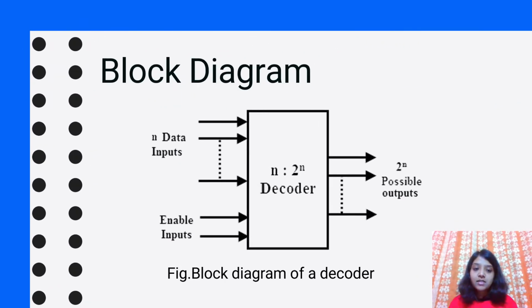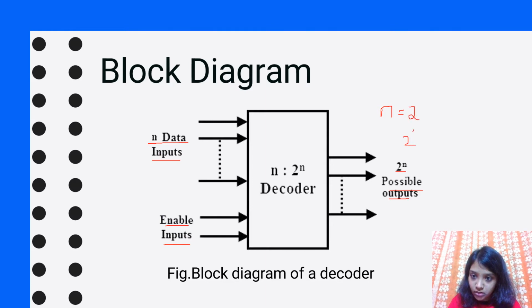Now, let us see the block diagram of a decoder. So here, these are the input lines. These are the N data input lines. This is the enable input and these are the 2 power n possible outputs. So if n is equal to 2, then we get 2 power n as 4.